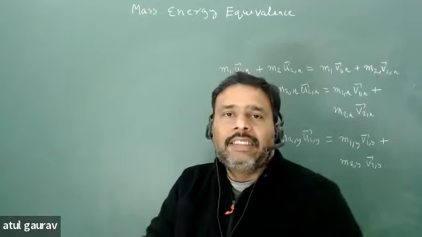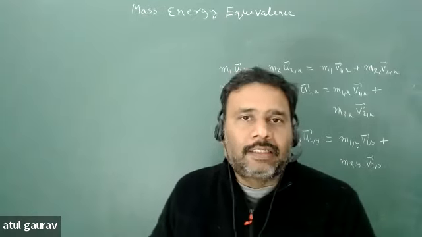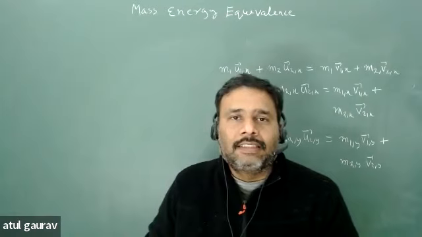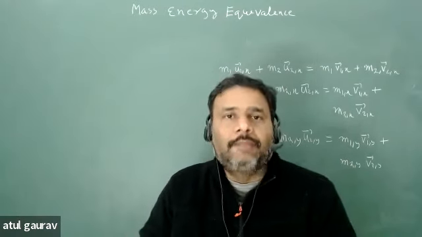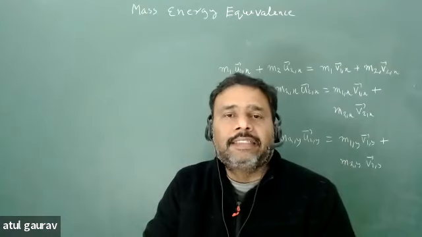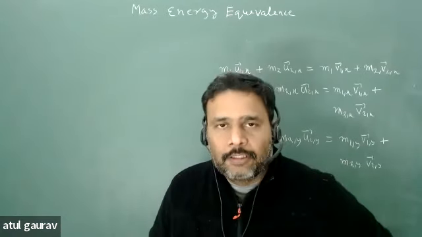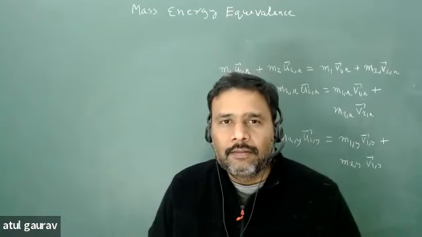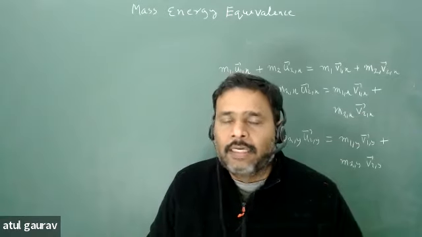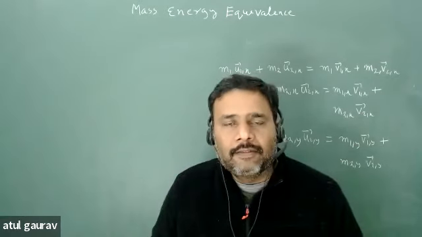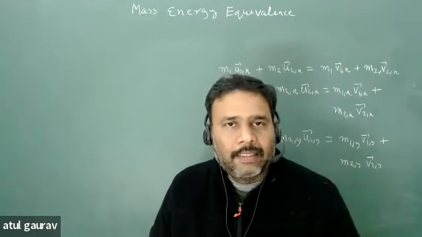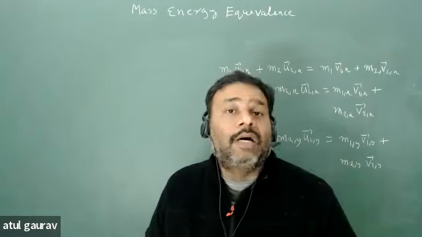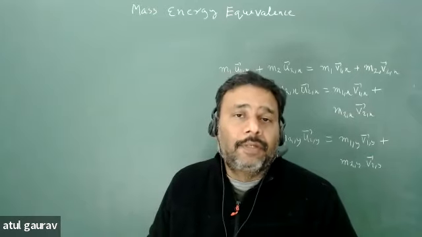So now you can see we have three fundamental things. First is mass, second is length, and third is time. And all three fundamental things are going to change in the relativistic domain. Length is going to be contracted, time is going to be dilated, and moving mass appears to be what?